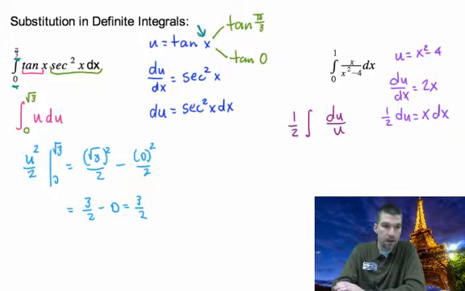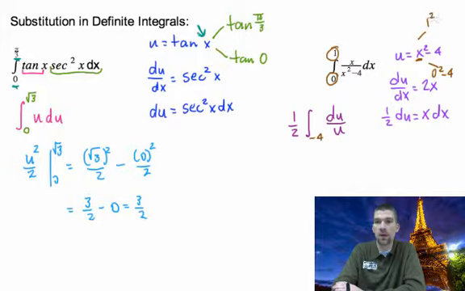So the next step I'm going to take is I'm going to put 0 in here for x. When I do that, I get 0 squared minus 4. That gives me a lower limit of -4. And then I want to put 1 in for x. That's going to give me 1 squared minus 4, which is going to be -3.